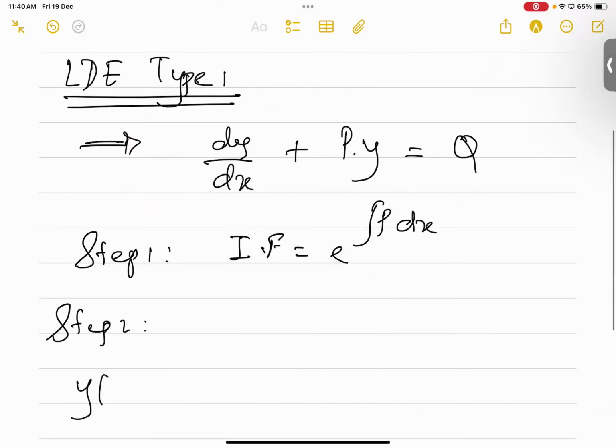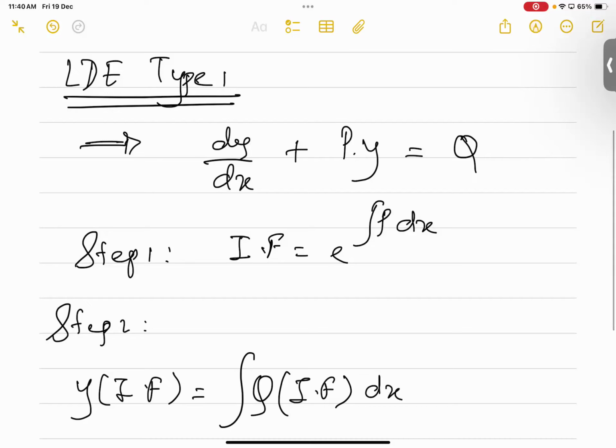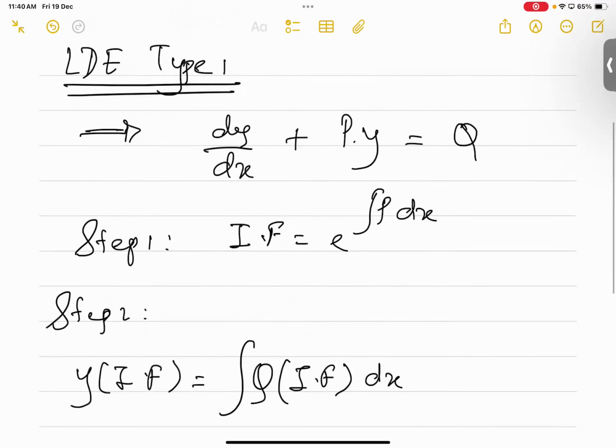Step 2, y into if is equal to integration of q into if dx.